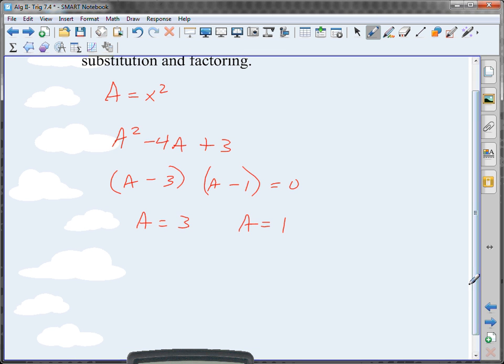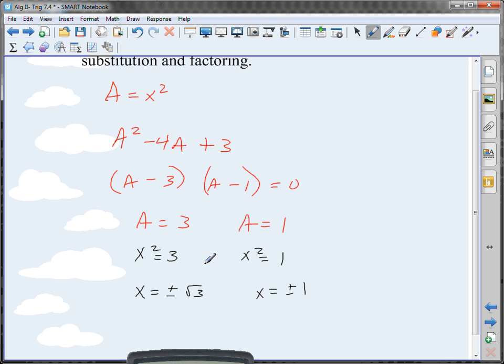But what does a really mean? So I have x squared equals 3 and x squared equals 1. How do I solve? Take the square root. X equals plus or minus the square root of 3. X equals plus or minus 1.